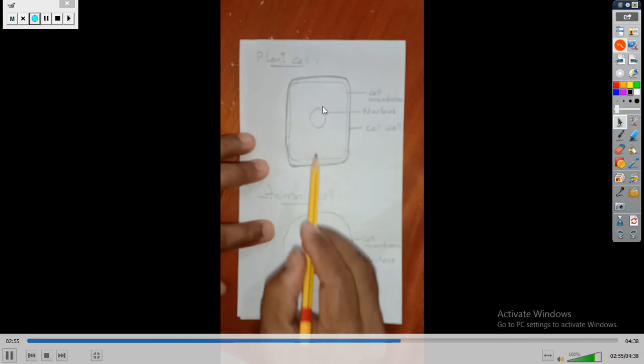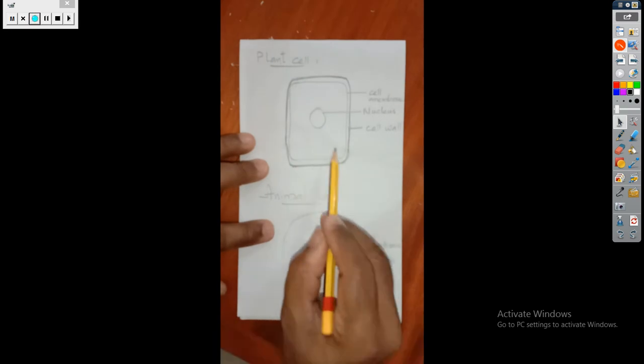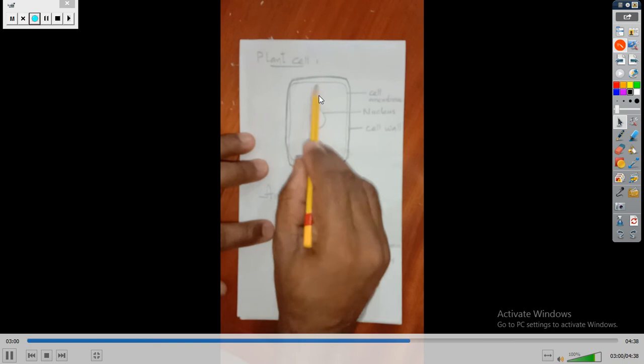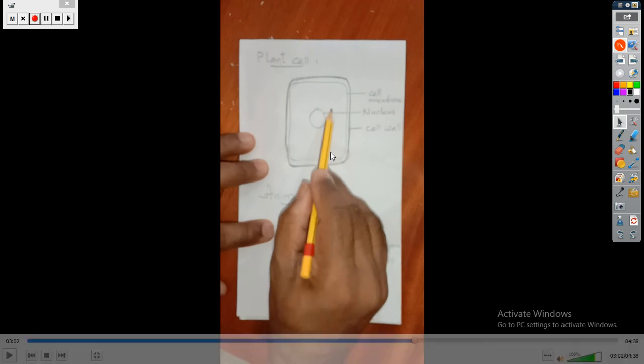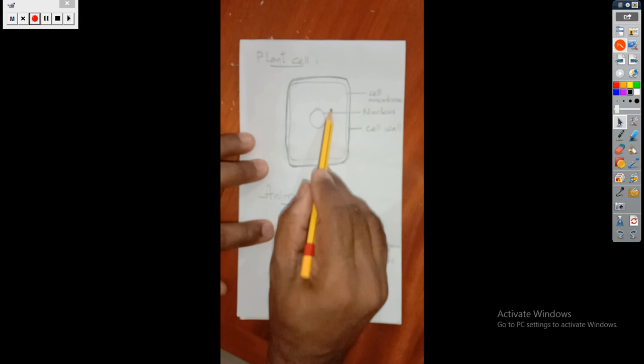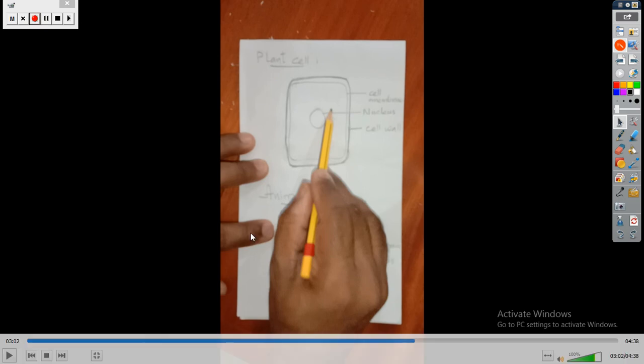The nucleus controls all the activities of the cell. Whatever activity is going on inside the cell is controlled by the ball-like structure called the nucleus.